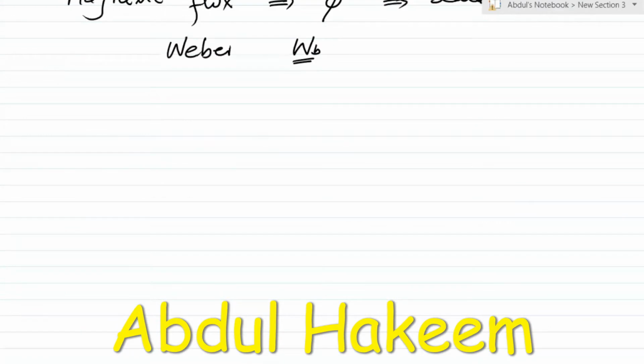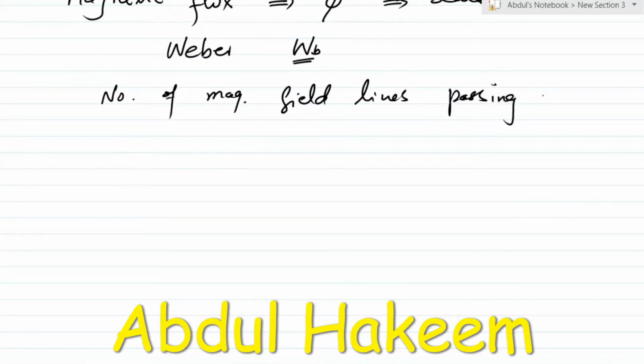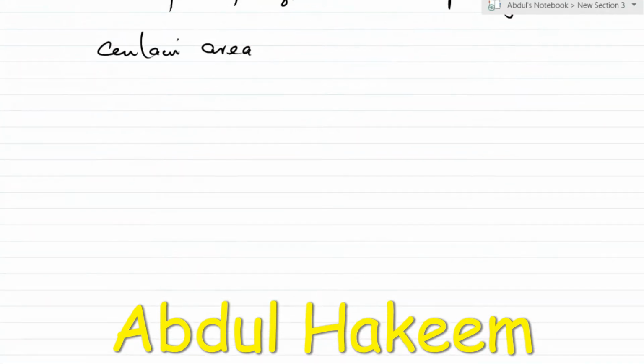And it is actually the number of magnetic field lines passing through a certain area. So the number of the magnetic field lines passing through a certain area describes the magnetic flux.